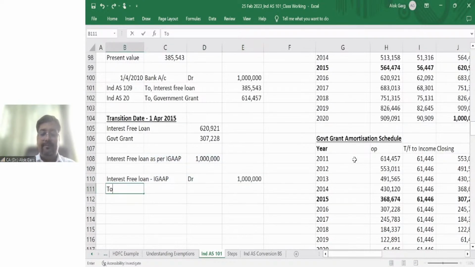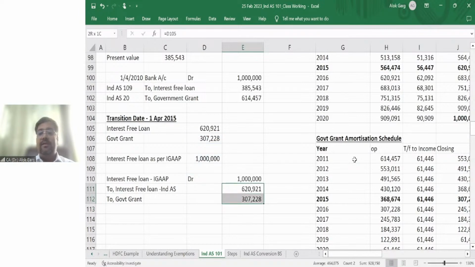You have to credit interest-free loan Ind AS, 620921, and government grant, 307228. But still some balance is lying. It is 928150 only. Where will the difference go?